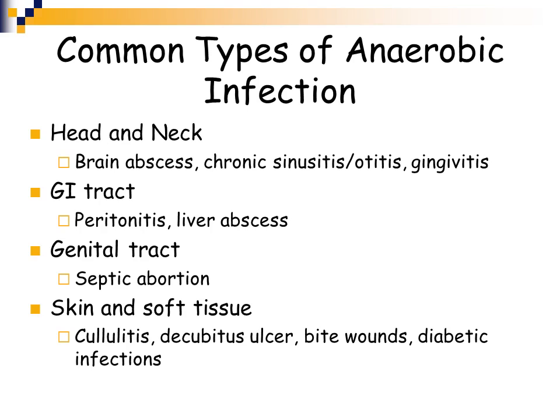Now, anaerobes, like all of the other organisms that we've discussed thus far, can cause infections almost anywhere in the body. But there are areas of the body where you are more commonly going to find an anaerobic infection. These include the head and neck area.